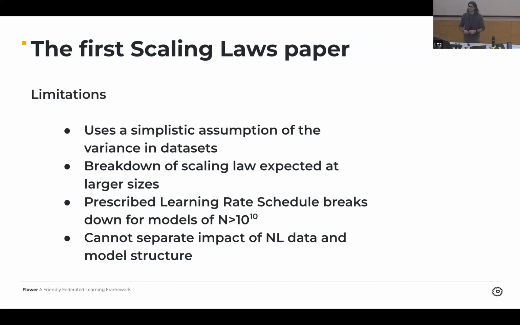They found a good heuristic to work this out, but they realized that for models that are bigger or equal to 10 to the 10, right? It was 10 to the 8. It's fine. At some point, for some model sizes on, this doesn't hold anymore. So even though they had a relation, it was not sufficient to describe even bigger models.